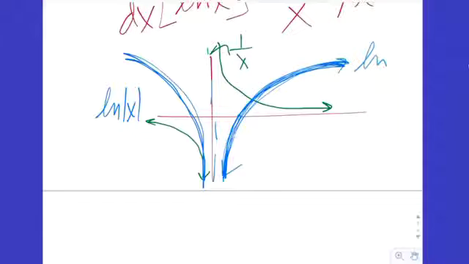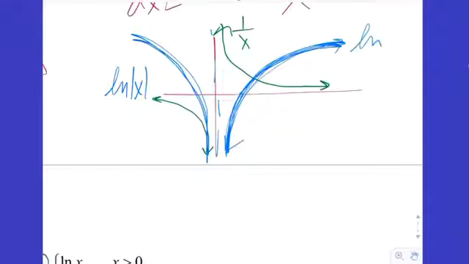The green branch of 1 over x in quadrant 3 does a beautiful job of representing the slopes of the second branch of the natural log of the absolute value of x. So that is indicating to us that the derivative with respect to x of the natural log of the absolute value of x is what?